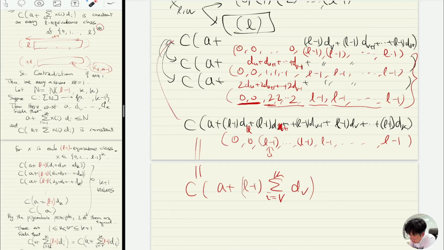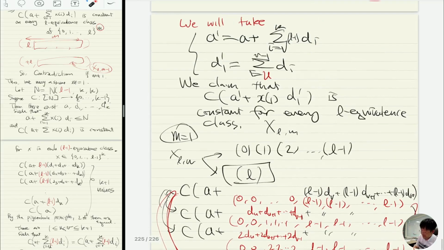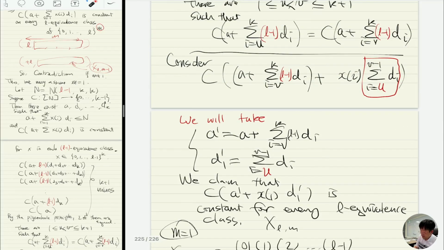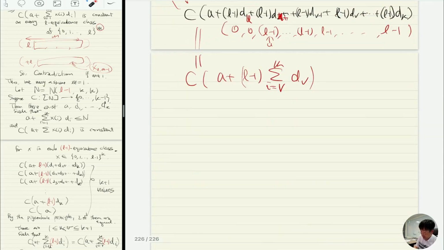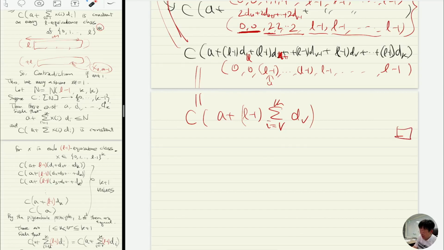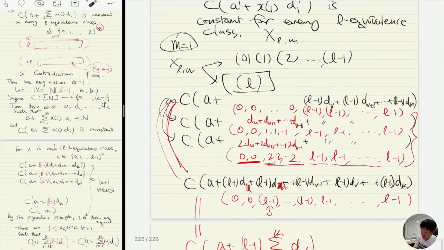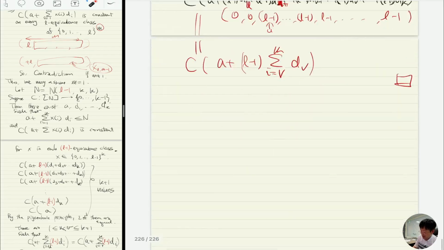So we chose these two to be equal, right? That's the choice of u and v. When we choose u and v, we chose by the pigeonhole principle that this is happening, right? So that's why this works, right? So on every L equivalence class of this thing, this value is constant. Now let me tell you some historical things.